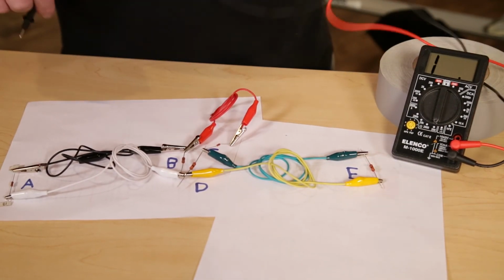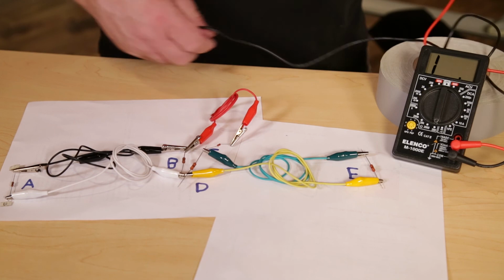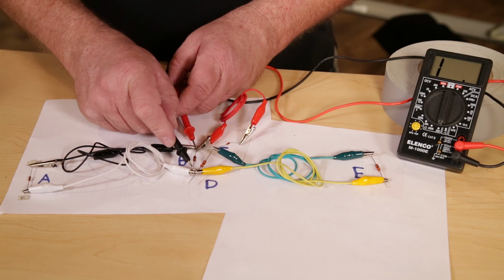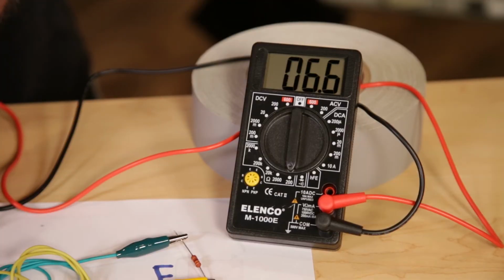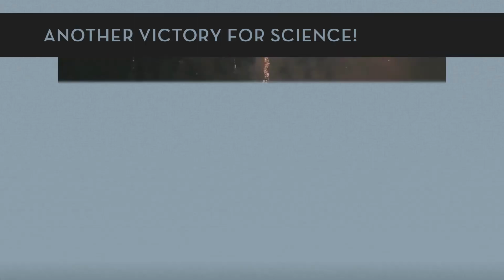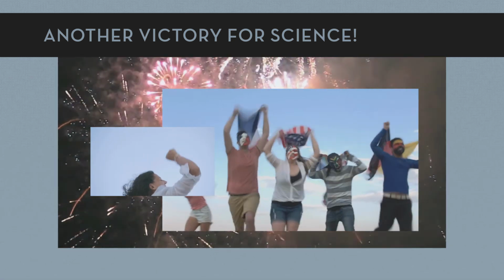And so to measure the total resistance of this network, I can measure it across resistor B. I go from there to there, and it flips around for a while, but if I hold it for a while, it winds up around 6.2 or so, which is pretty close to what I predicted. So, yay! Another victory for science. Okay, that's it for this lab.